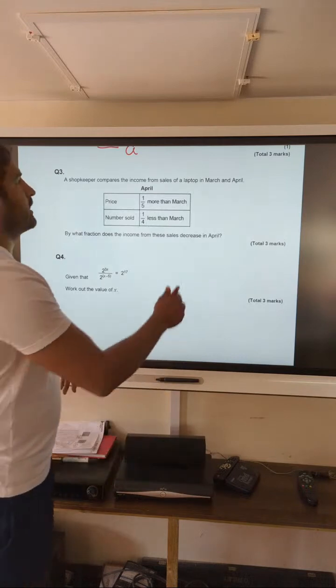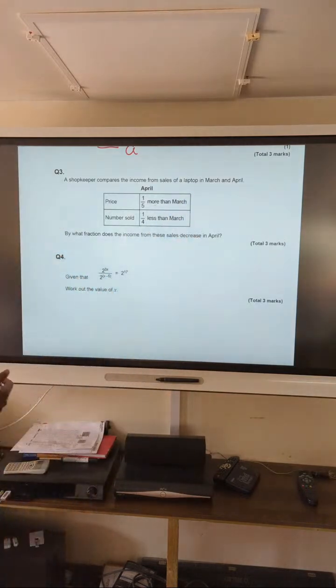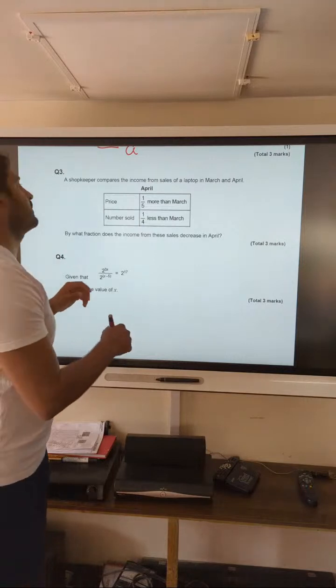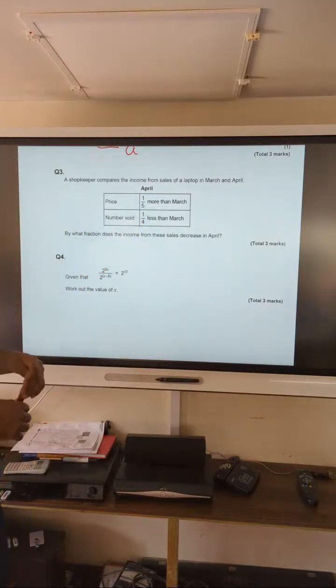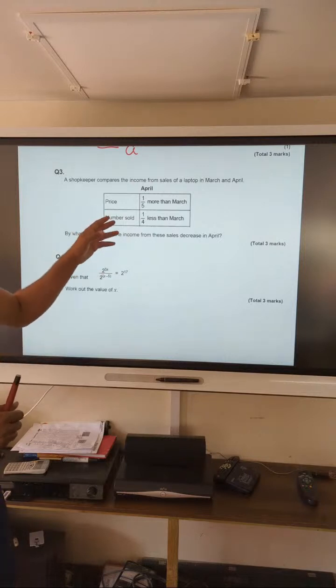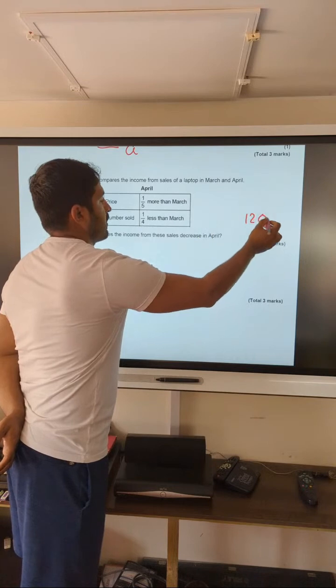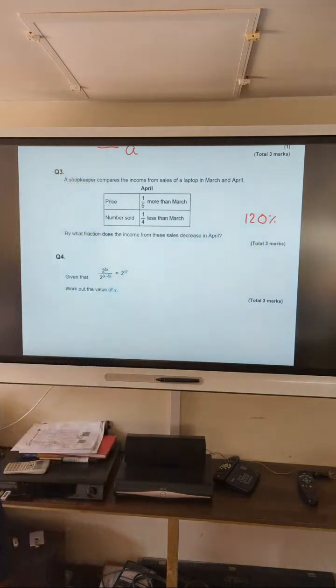Let's say we're looking at 100%; we want to work with percentages here. In April we will be charging 120% of the price in March, since 1/5 is 20%.